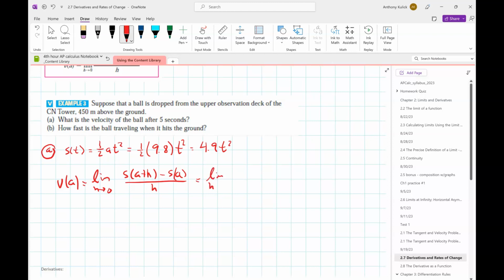So far, so good. Same idea as before. What is s of a plus h? Just 4.9 times a plus h squared. And then s of a is just going to be 4.9 a squared.